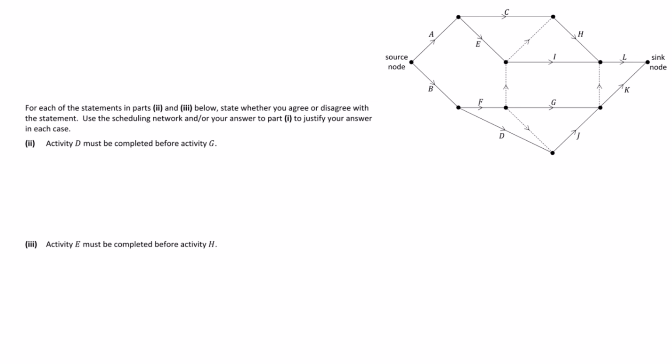So for each of the statements in parts II and III below, state whether you agree or disagree with the statement. Activity D must be completed before G. So let's look at D. Does D have to be completed before G? And the answer is no. There's no dependency there.